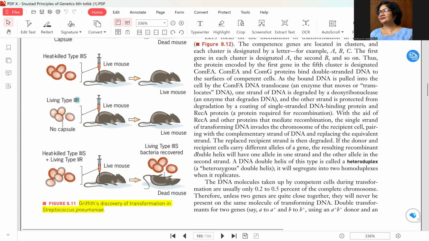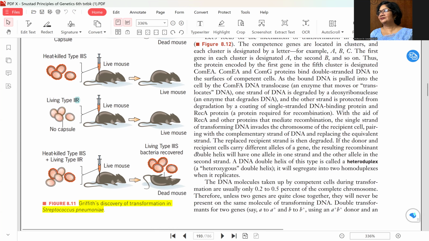So it was assumed that something was transferred from the type 3S into the type 2R cells, so that the type 2R cells gained some kind of genetic information that converted them from rough form into smooth form.